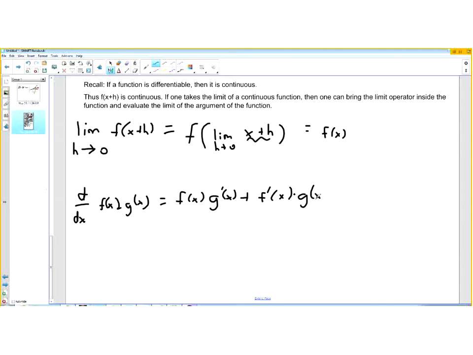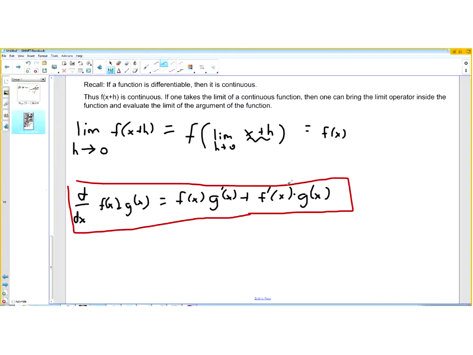I'll do some examples. I would suggest memorizing this formula. It's a very important formula. All right, so let's do some examples.